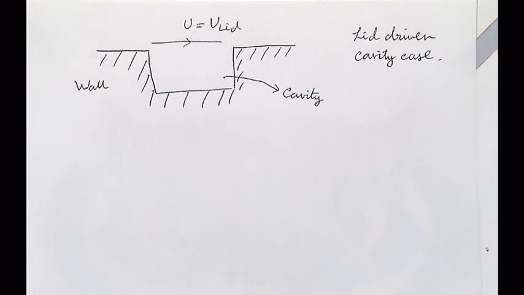So again, before we solve anything, what do we need to do? We should discretize our domain. Okay, so tell me, how do you want me to discretize this domain?